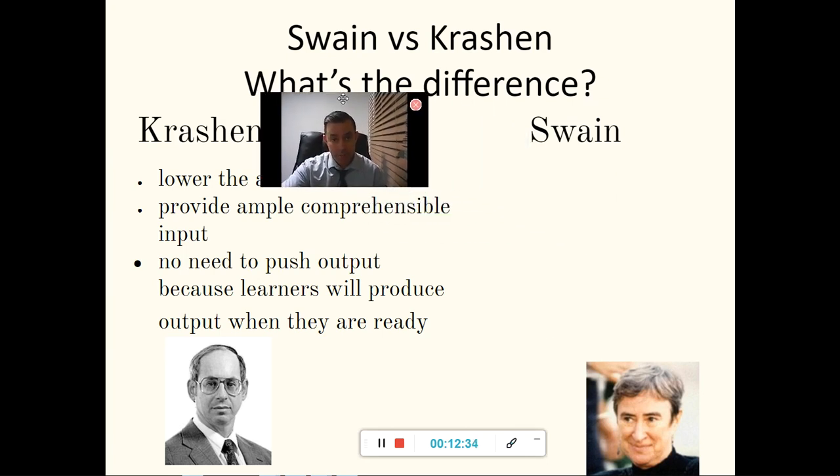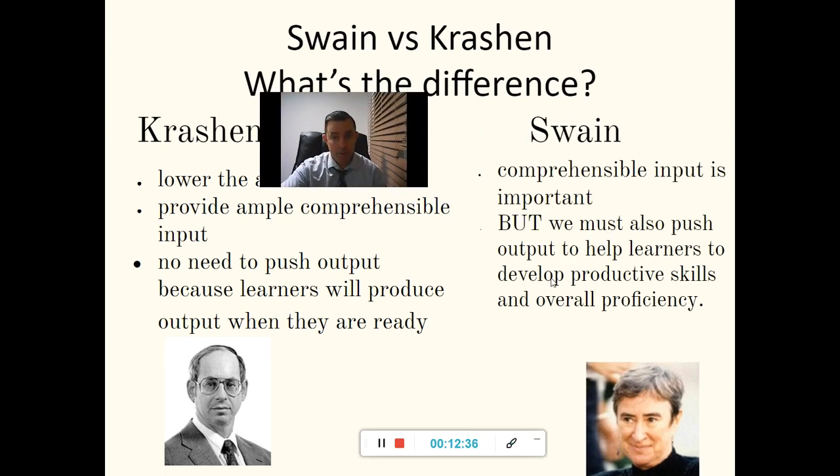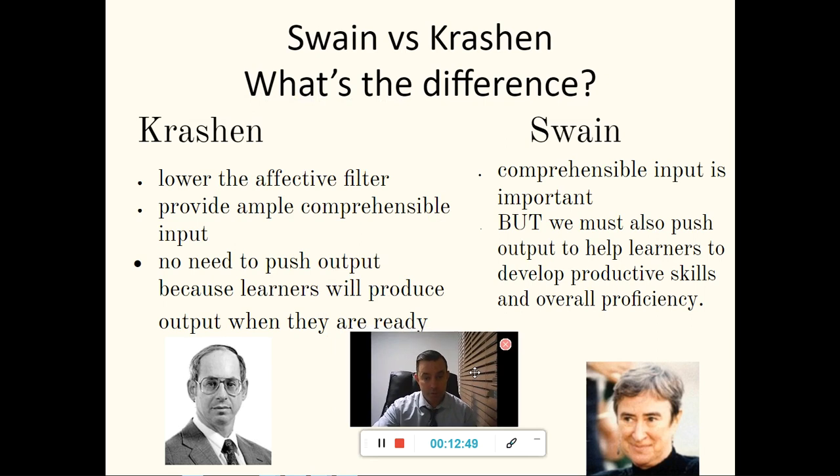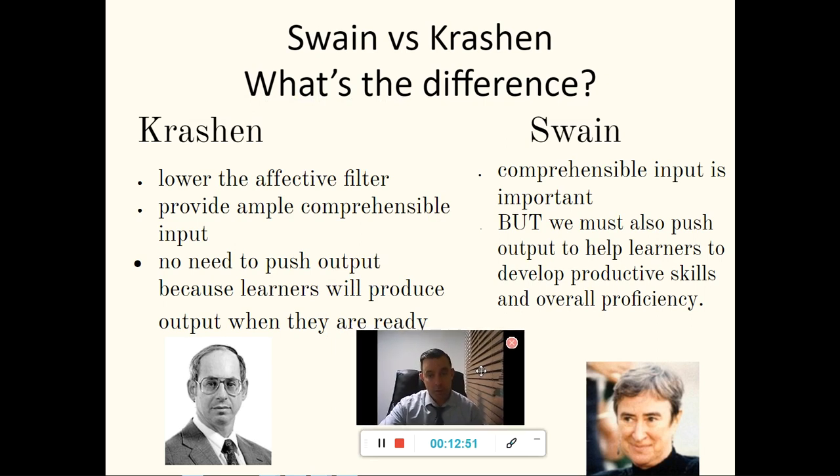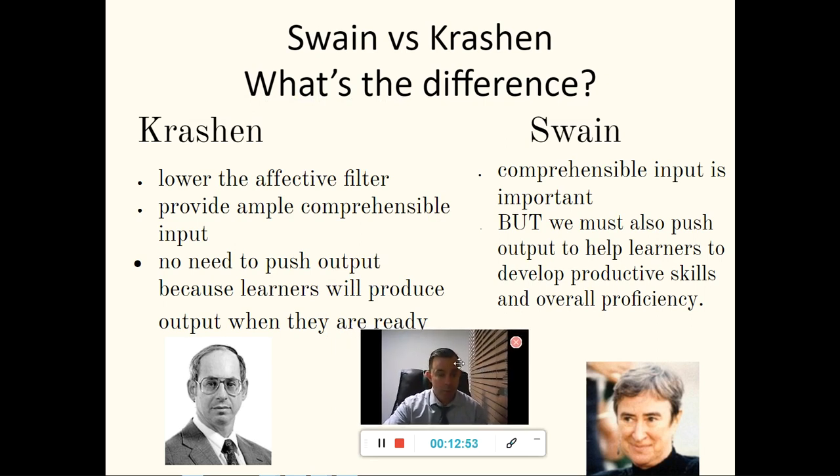So that was one of Krashen's key points. And Swain said, you know what? Of course comprehensible input is important, but we must also push output to help learners to develop productive skills and overall proficiency. Okay, so once again, don't make the mistake that Swain was absolutely anti-Krashen.